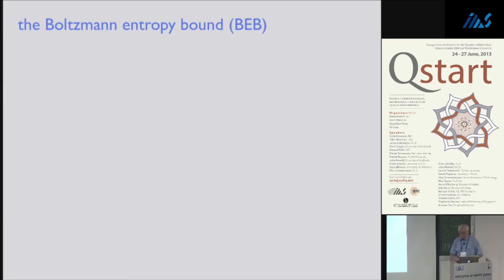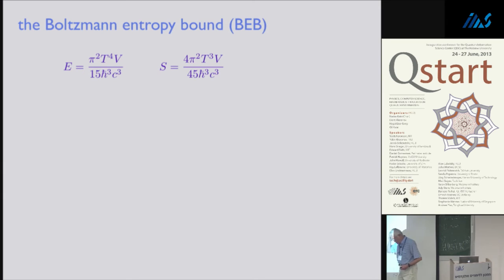Now there is a third bound that I want to introduce. This was discussed first by people like Bill Unruh, Bob Wald, Don Page, and quite a few others. Just to be short, I'll call it the Boltzmann entropy bound because it comes from these two formulae by Boltzmann. The physical idea of this bound is the following. If you take a piece of hot matter, it radiates thermal radiation.